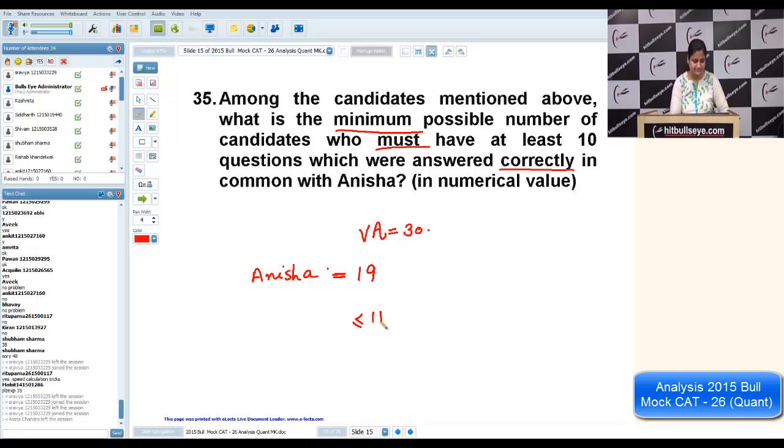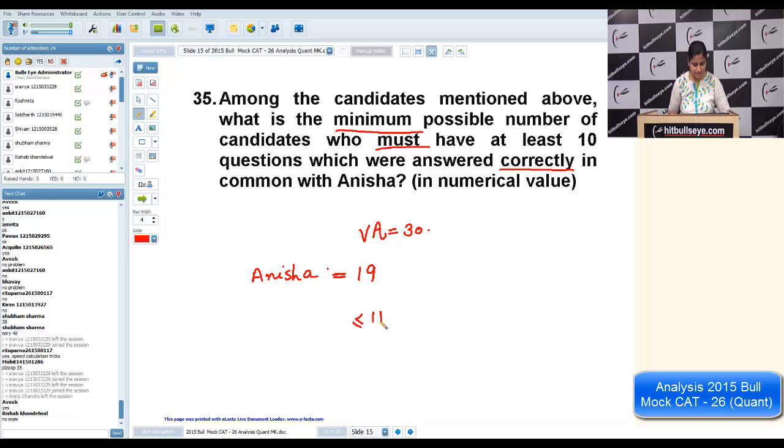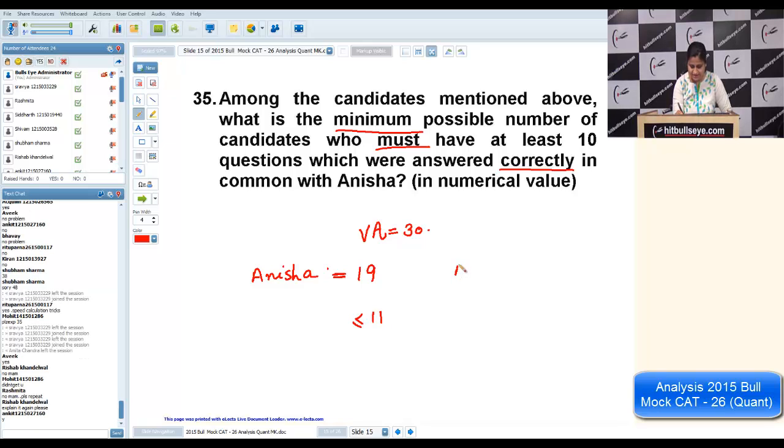Are you getting me, guys? Let us see, Mohit, let us take Amol's data. Amol is getting 10 questions correct in VA, in the same section.